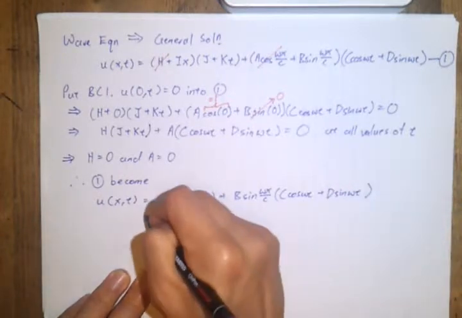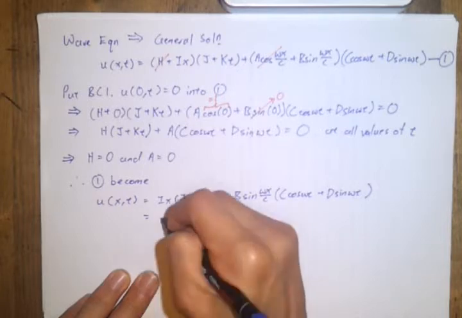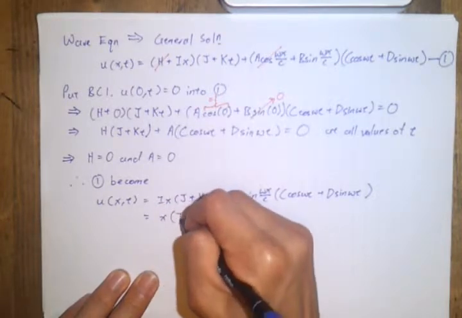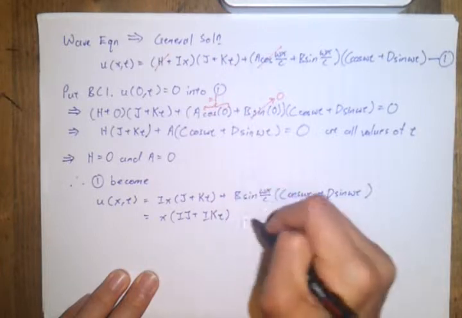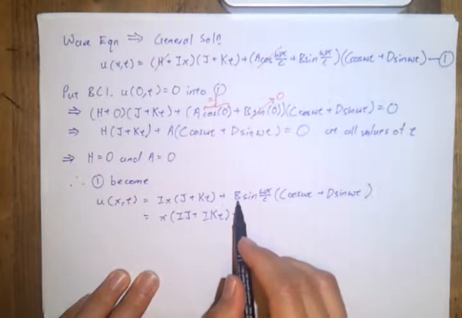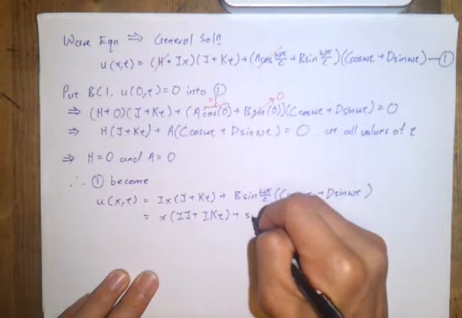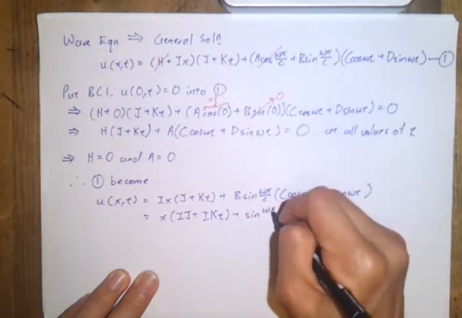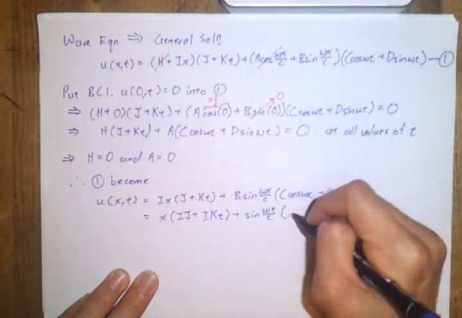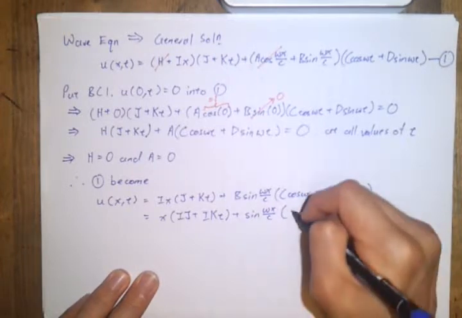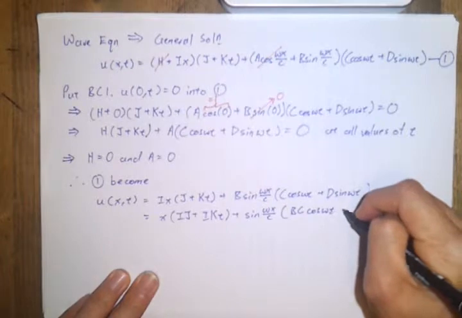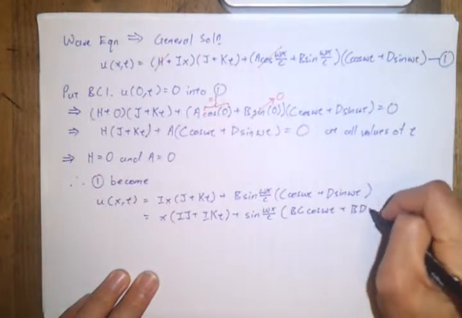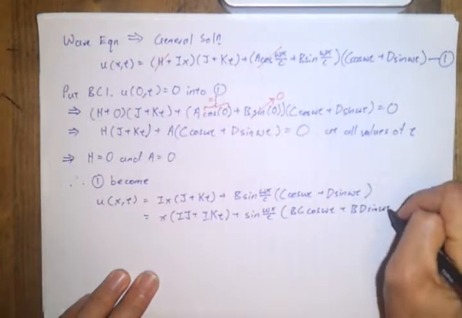Okay, I'm going to bring the I inside, so this becomes x ij plus I kt plus, I'm going to bring the b inside, so this becomes sine omega x over c, so this b c cos omega t plus bd sine omega t.